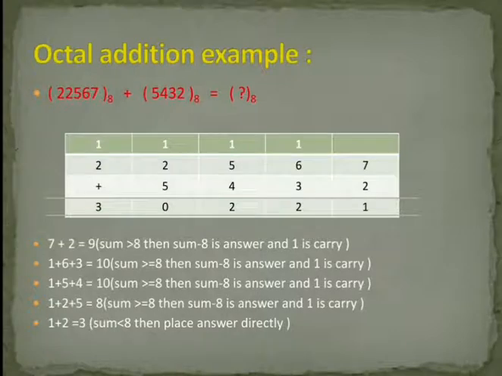For example, if I am adding 22567 with 5432, what will happen? 7 plus 2 is equal to 9. I am trying to elaborate by writing it also. 7 plus 2 is 9 and 9 is greater than 8.